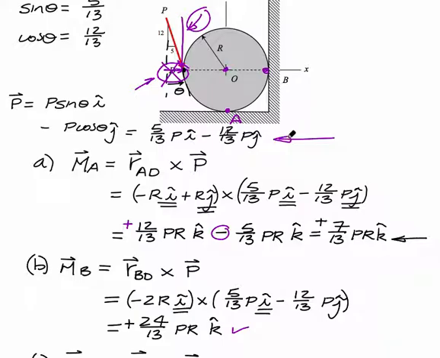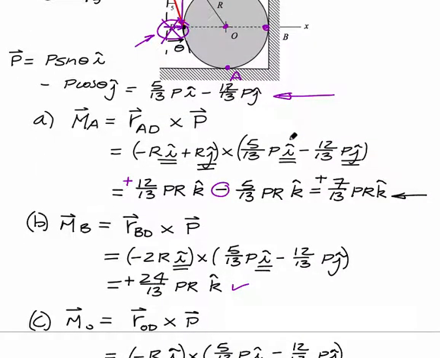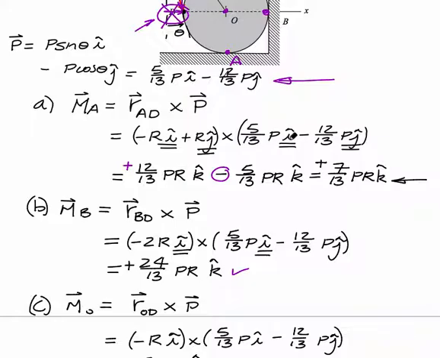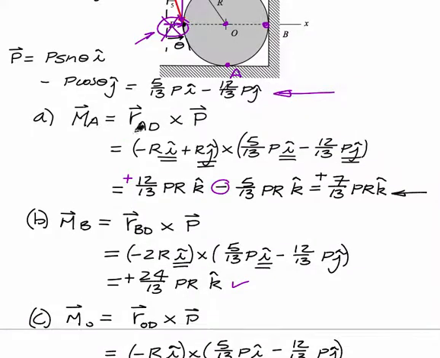So it was a matter of writing first P out in terms of X and Y components. And in each case, A, B, and O, writing down the right R vector, going from the point that we want to find the moment about to the point of application.